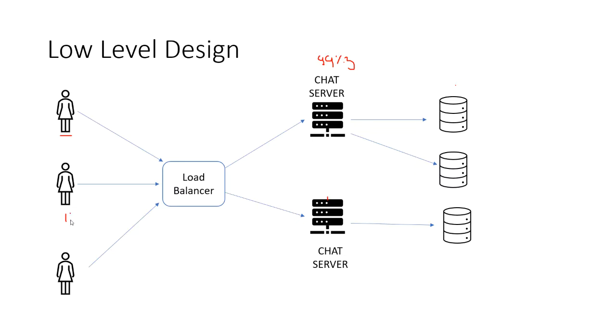If this user has user ID 100, 100 modulo 3 is 1, so I'll store it in another database. So I will use a hash-based sharding mechanism and try to divide the data across the different databases. Saying this, I will end my design for designing WhatsApp or Facebook.